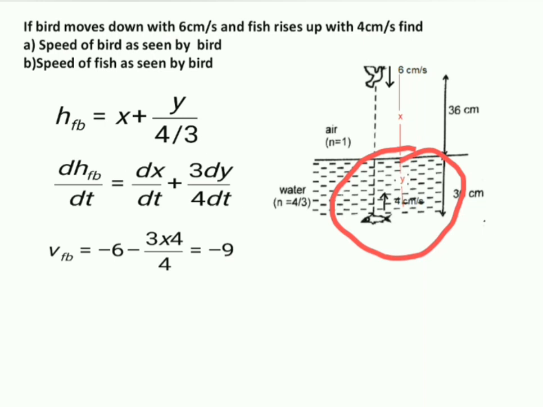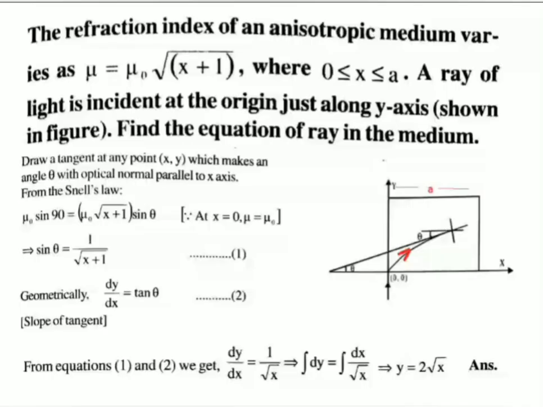But this is only one part of the question. It is the speed of fish with respect to bird. The other part you try. You try to find out the apparent position of bird with respect to fish and then differentiate the relation. If x is decreasing, it will have negative sign. If it is increasing, you will have to take positive sign.